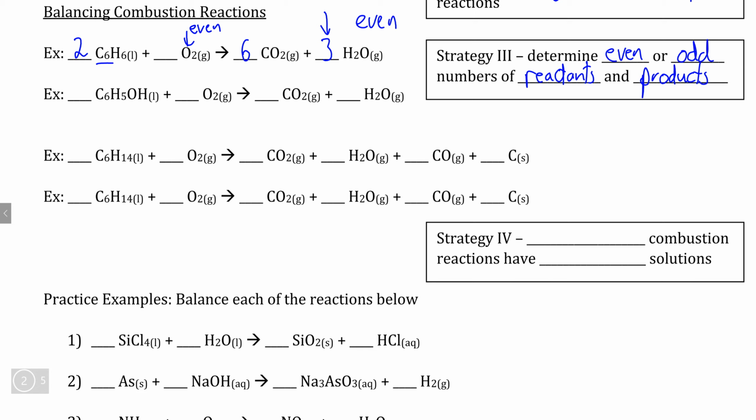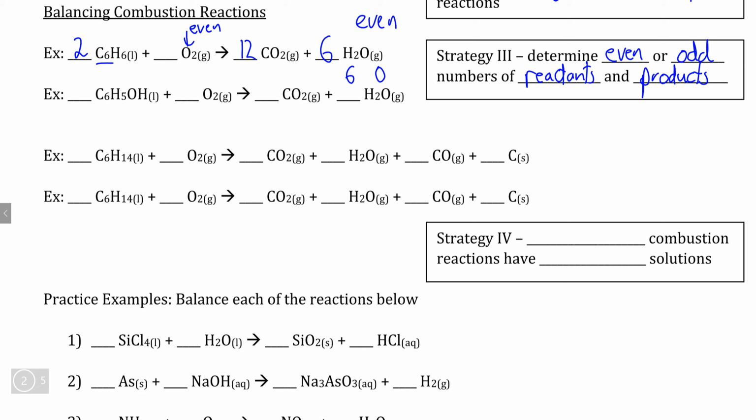We know that 2 times 6 is 12, so if we take 6 and multiply it by 2, we would get 12 carbon dioxide, so carbon is still balanced, and then if we take 2 and multiply it by 3, we would get 6 water molecules, and because we now have 6 oxygen in water, our number of oxygens is now an even number.